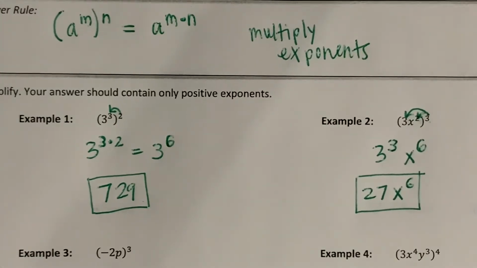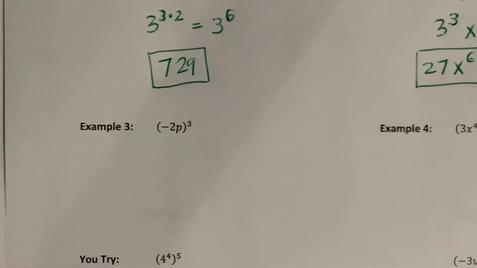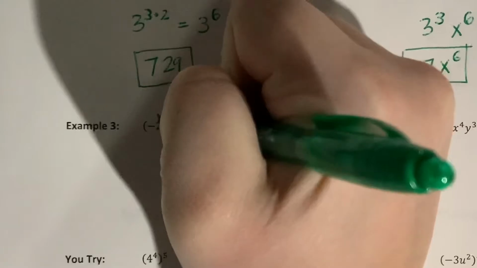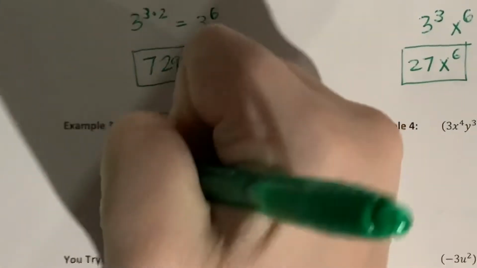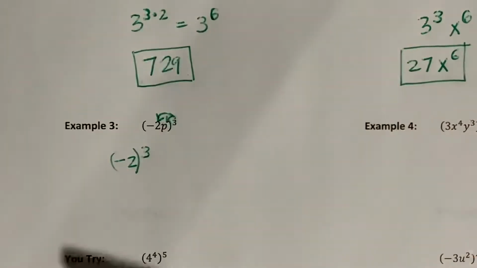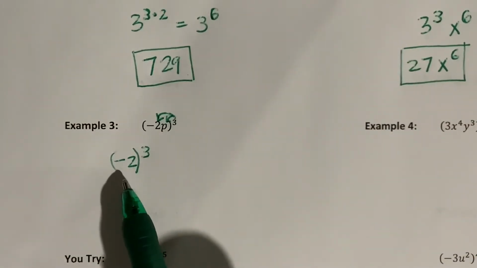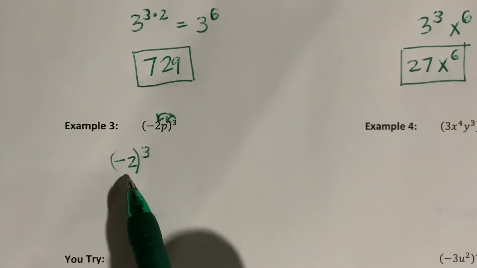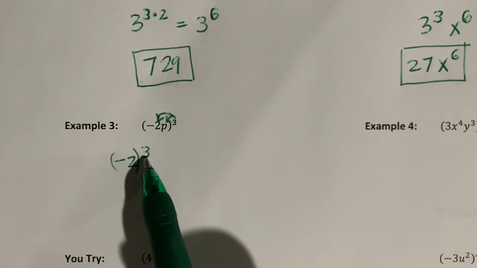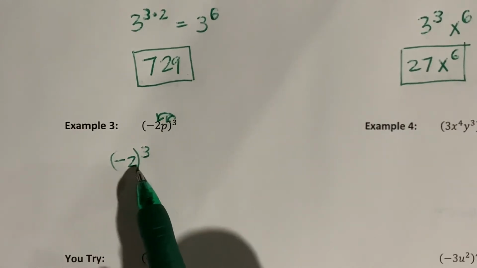If we look at example 3, I've got a coefficient, a number here, -2. I will distribute this third power to the -2, and I will also distribute it to the p. So I'm going to have -2 raised to the third power. Notice I'm putting the -2 inside parentheses, and this is very important when you go to type it into your calculator, because I'm not just doing 2 raised to the third power. If you don't put parentheses here, that's what your calculator will do.